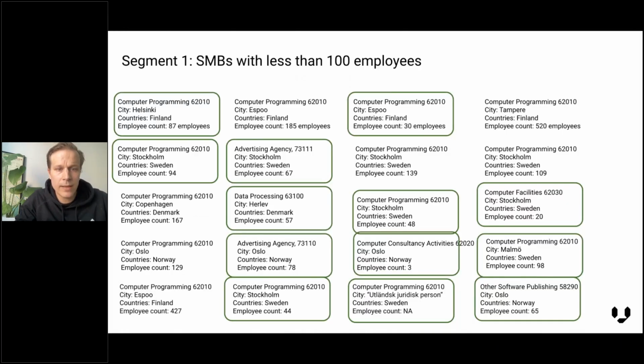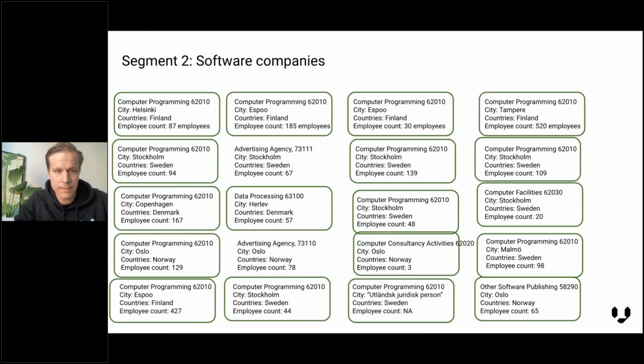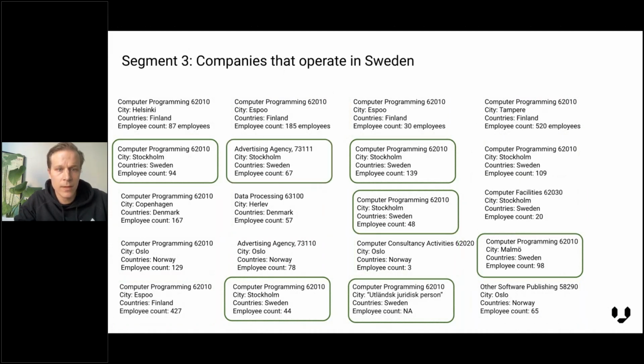If we use the official data, the answers are fairly straightforward. For companies with fewer than 100 employees, we just include the ones where the employee count is less than 100, right? Then software companies: in this example, almost all of them have an industry code closely related to software, with only 2 ad agencies. 7 out of 20 companies are in Sweden.